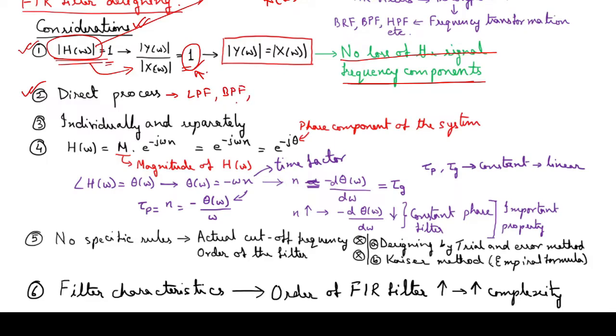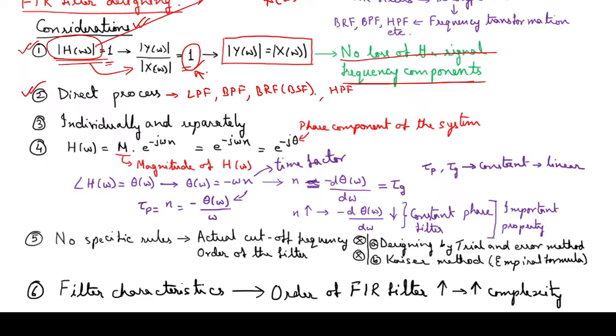If I want a band reject filter, also regarded as band stop filter, we can directly design it. Say if I want a high pass filter, I can easily design it, or even a notch filter. Whatever filter you want, you can design it directly by the FIR filter designing technique.